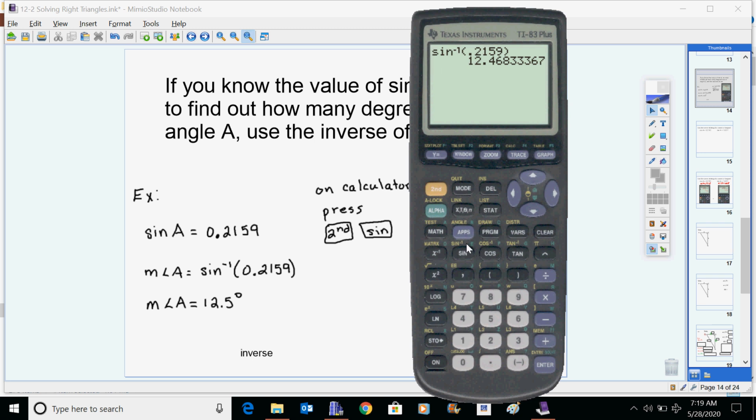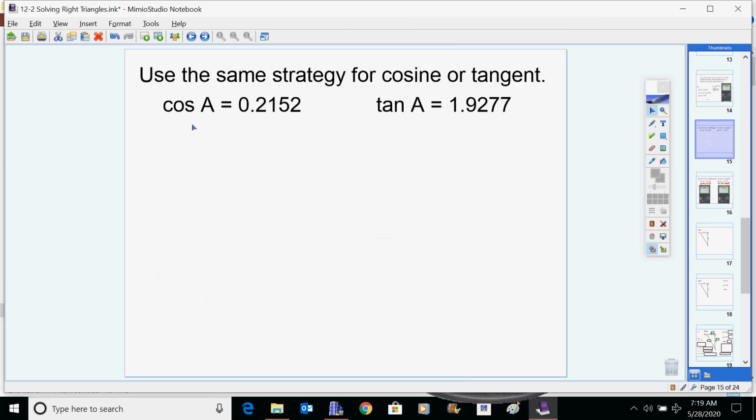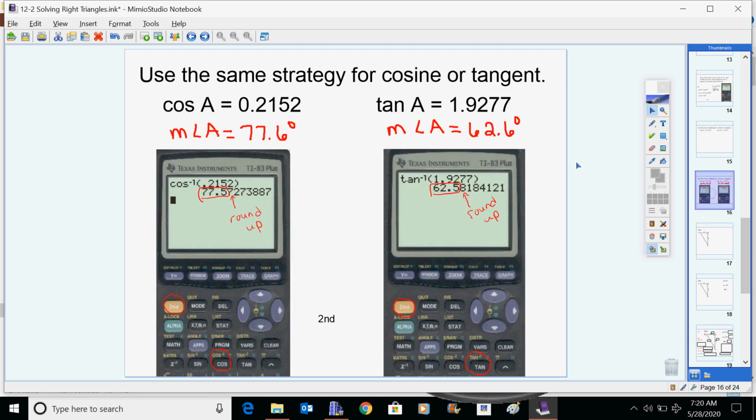If you'll notice, atop of the cosine and atop of the tangent, there are also those inverses. So if you're trying to find a value of an angle, and you're given the cosine or you're given the tangent, then you need to do the same thing, but use second and cosine for the cosine one, and second and tangent for the tangent one.